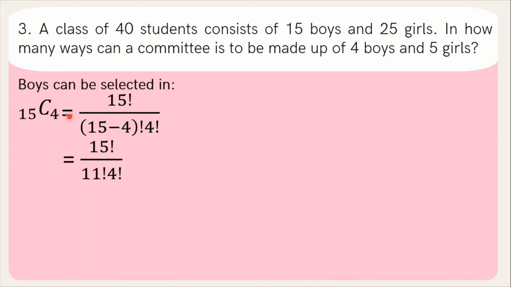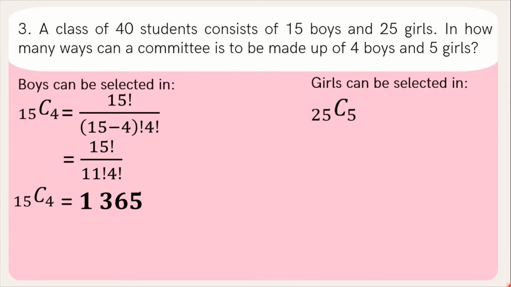Simplify natin, we have 15 factorial over 11 factorial times 4 factorial. Mula dito, pwede na nating i-compute. So, ang result natin, ang combination of 15 taken 4 is equal to 1,365.